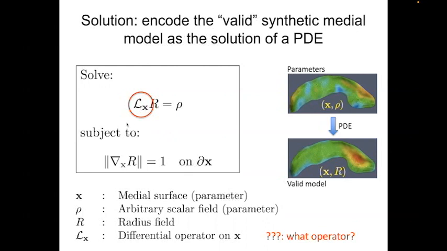So a little bit later, around 2008, I came up with the idea of using a fourth order operator, which is called a biharmonic equation. This biharmonic equation is also involved in defining thin plate splines, which is one of the methods used very early on in shape analysis and registration.